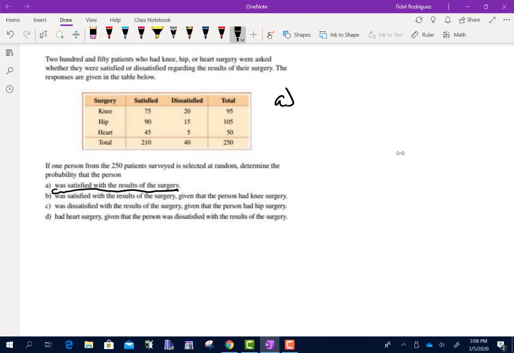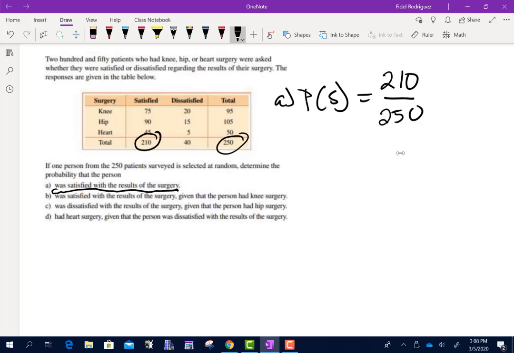So we know we had a total of 250 people who had surgery, and it looks like a total of 210 of them were satisfied with that surgery. We can go ahead and reduce our fraction, divide them both by 10, and that gives us 21 out of 25. I don't think we can reduce that anymore, so we'll stop right there.